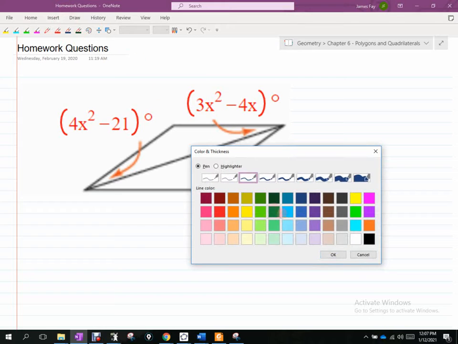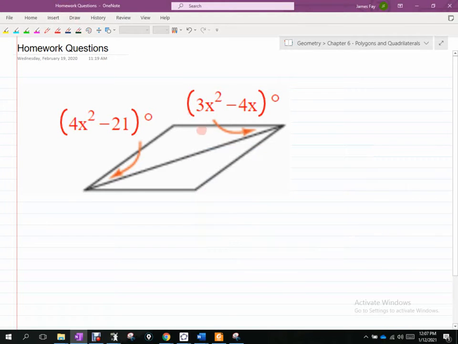Number 12 asks you, they tell you this is a rhombus, okay? If this is a rhombus, what do we call this segment here that's going across the interior? Okay, so for the rhombus it is a diagonal, but for the angles that it intersects, it is indeed an angle bisector, okay?